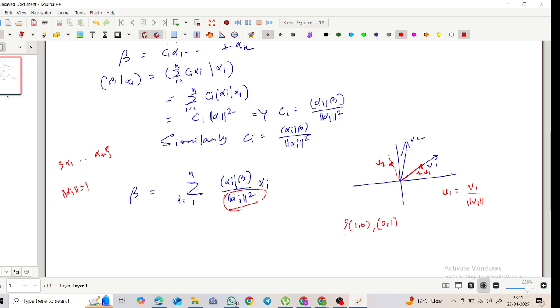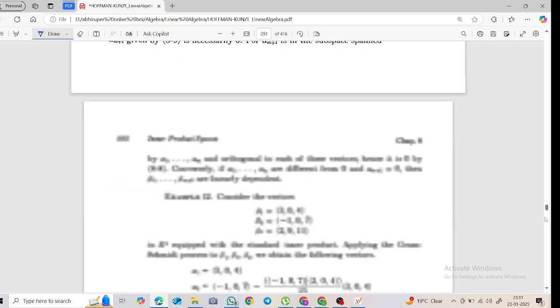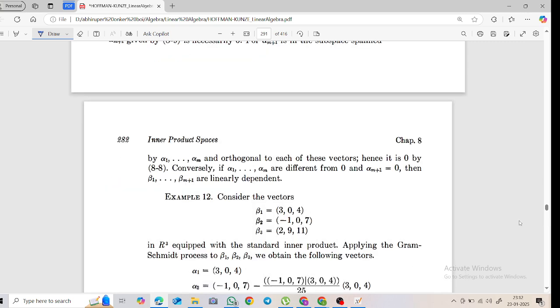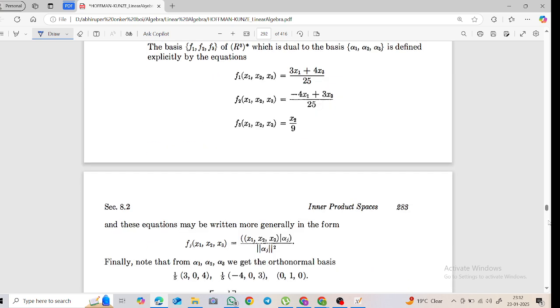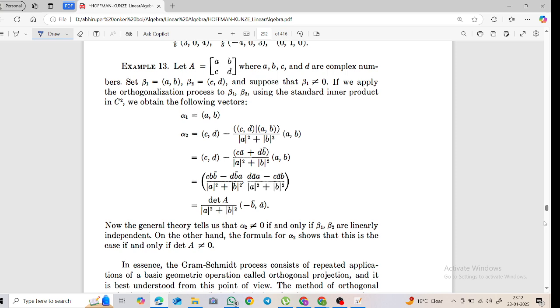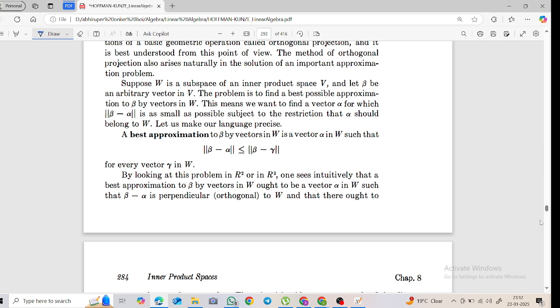Under the usual inner product, this is an orthonormal basis. They will never ask you for this Gram-Schmidt, so you can just keep it. Yes, that was the thing.